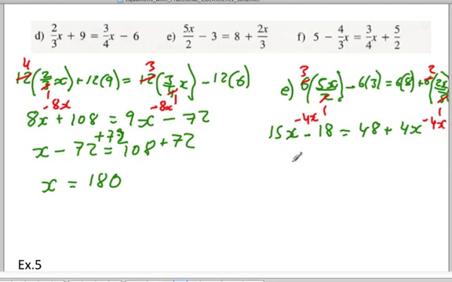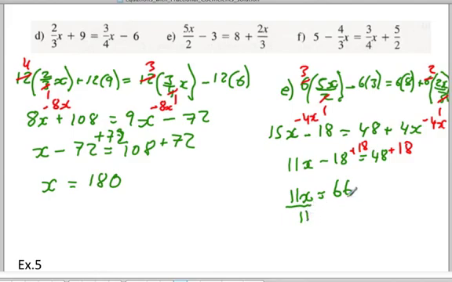And we get 11x minus 18 is equal to 48. Add 18 to both sides, and you get 11x is equal to 66. Divide both sides by 11, and you get x equals 6.